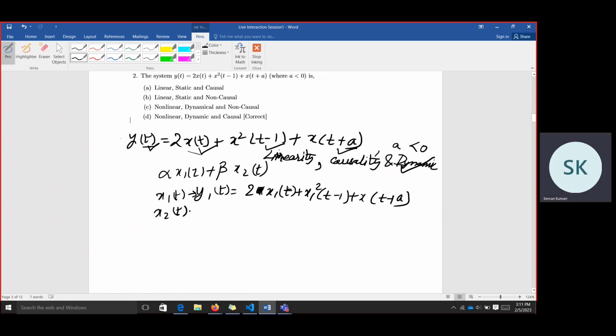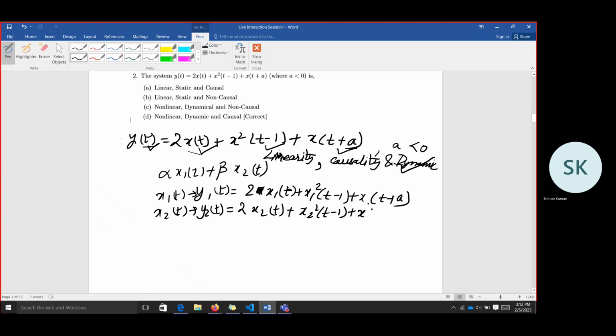So apply x2(t), then y2(t) equals 2 of (t plus a).